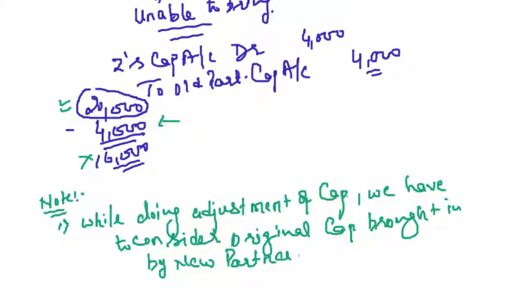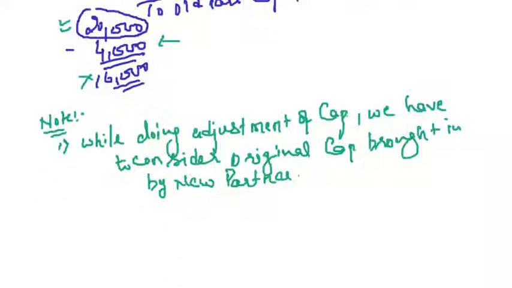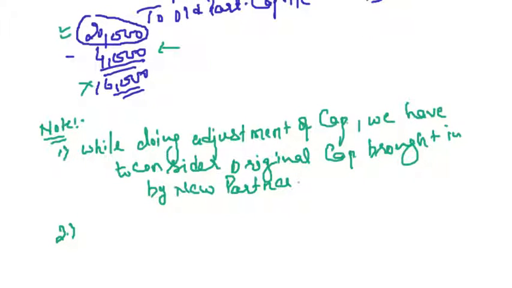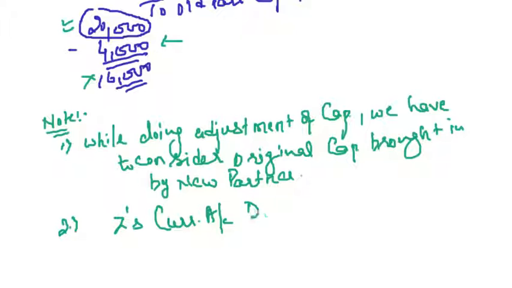If the question says that you have to adjust the capitals, if you identify in the exams that it is a question of adjustment of capital, then this 4,000 will be adjusted through the current account. What will be the journal entry? Journal entry will be Z's current account debit to old partners' capital accounts, because the old partners will be getting the money.